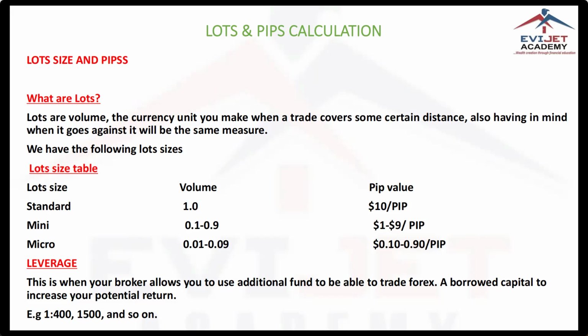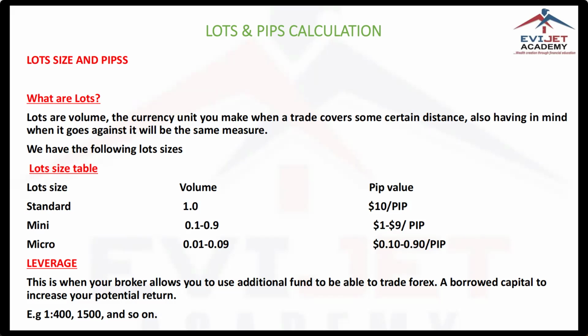The tanker guy will lose more, because the person with 4 liters will just lose his 4 liters, the 50-liter person will lose his 50 liters, but the tanker guy will cry. That is the simple analogy of lot size, what you are going in with. It has to do with volume, and this volume is based on the size of your account.